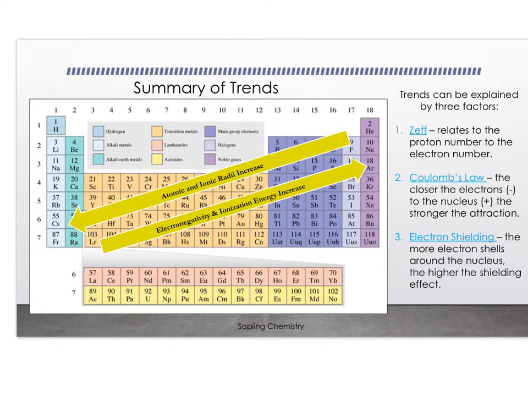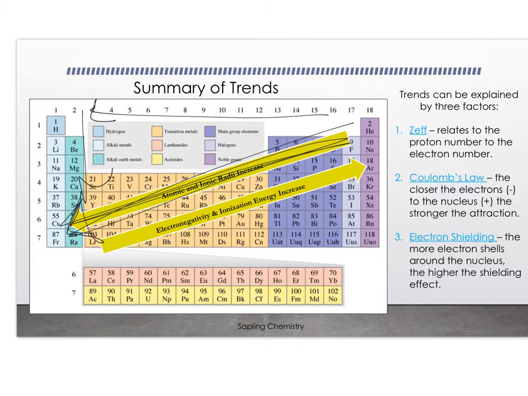So this is the summary of the trends, which we've been talking about through the entire lecture. The atomic and ionic radius increase going to the left and going down. So the overall trend is in the bottom left direction, while electronegativity and ionization energy increase going in the top right direction.